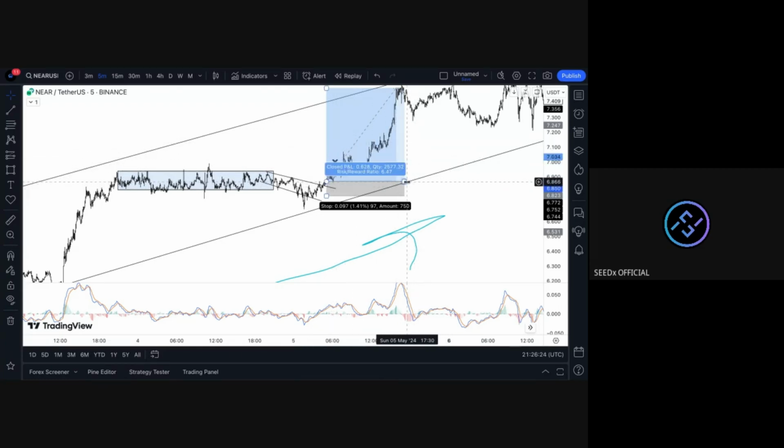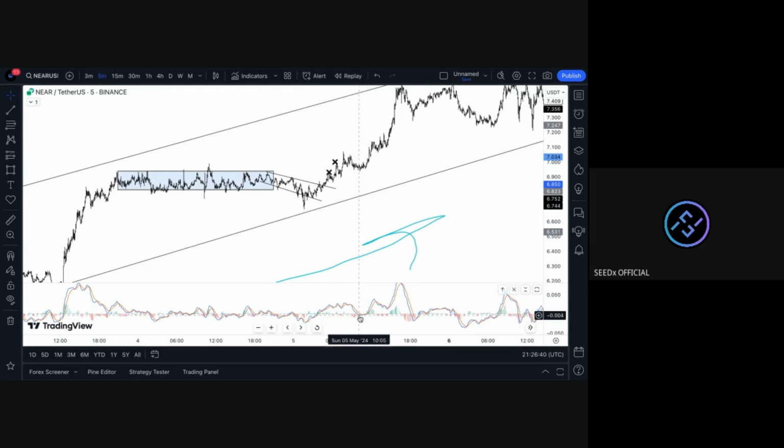So apart from that, I talked about the MACD also. Now that it is going up, and maybe you missed this area, this entry right here, you can also enter through here. Now the MACD crossed this line, this zero level line here, at this point, and this was the entry right here, and it flew up from here too.